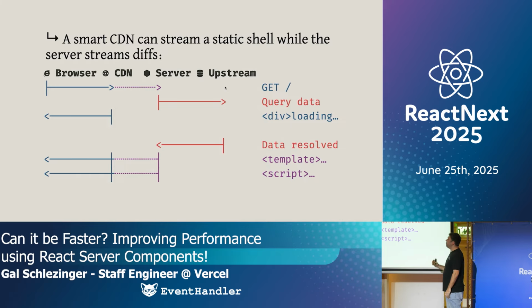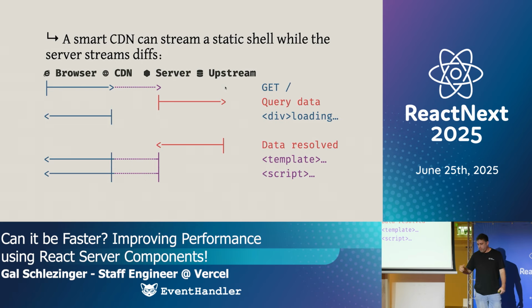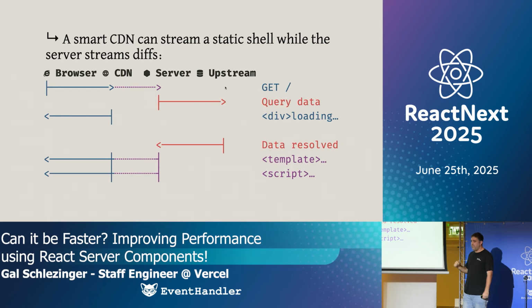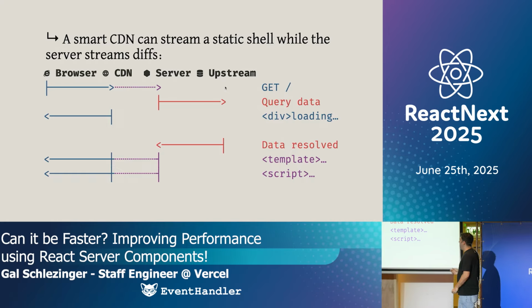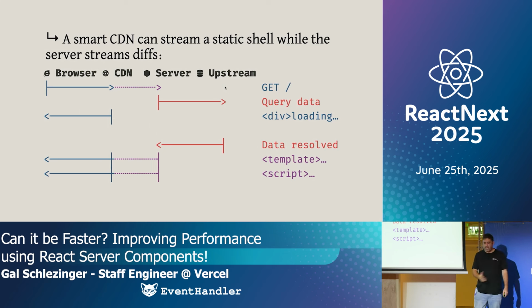a smart CDN could actually, when you make a request to the root, you start querying the data from a remote function, but the smart CDN can already send you back the app shell, the thing that is not personalized. And then when the data is resolved, we stream it back from the function.